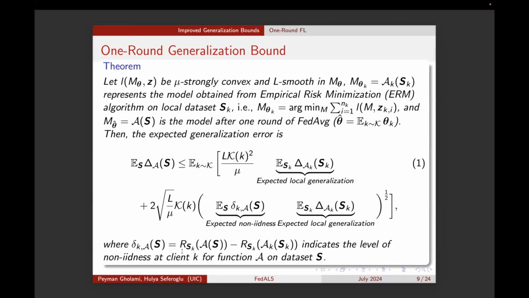So you can see that if this difference is large, it indicates that the global dataset is quite different from the local dataset, and it shows the level of non-IIDness among clients.